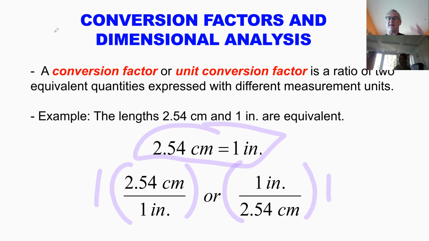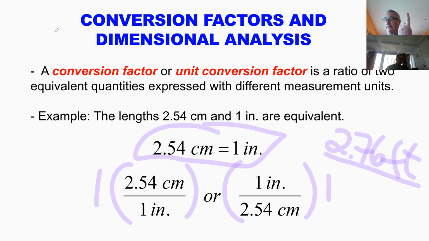And so when I have a number, let's say I have 2.76 feet, and I want to change that to centimeters. So I have to do 2 conversions there. But I don't want to change the amount of feet. So whatever I multiply that by has to be 1, because 2.76 feet at the end has to equal so many centimeters.